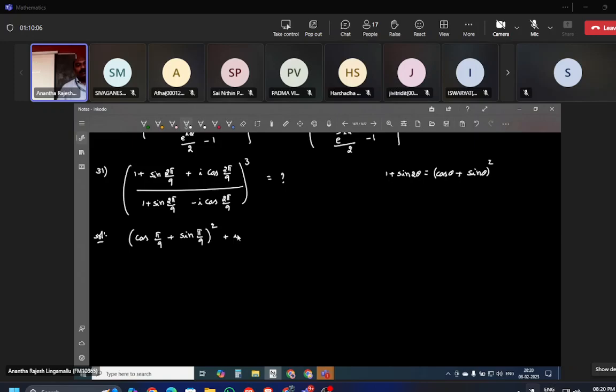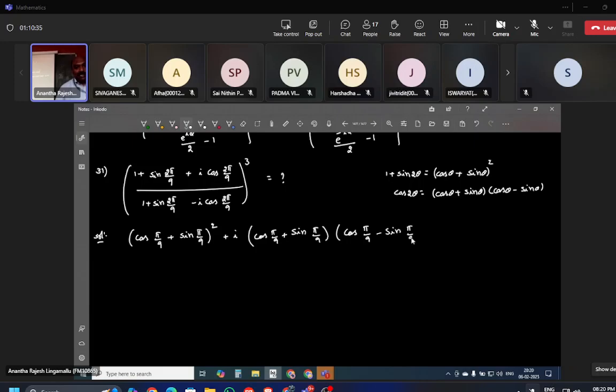Plus i into the basic cos 2 theta formula. What is cos 2 theta? It is cos theta plus sine theta into cos theta minus sine theta. So cos 2 theta is cos pi by 9 plus sine pi by 9 into cos pi by 9 minus sine pi by 9.